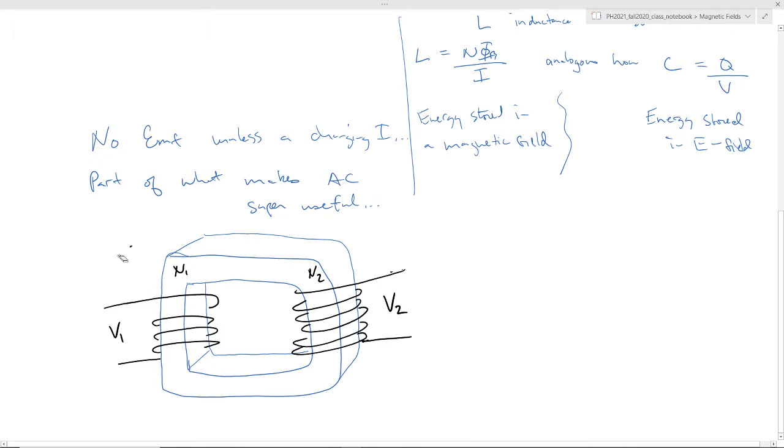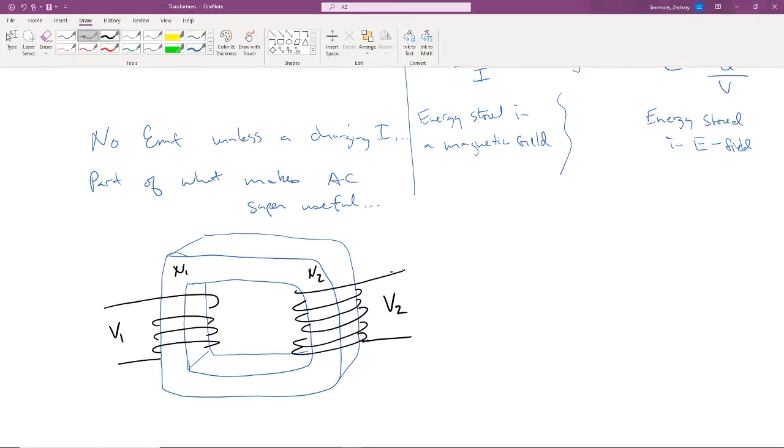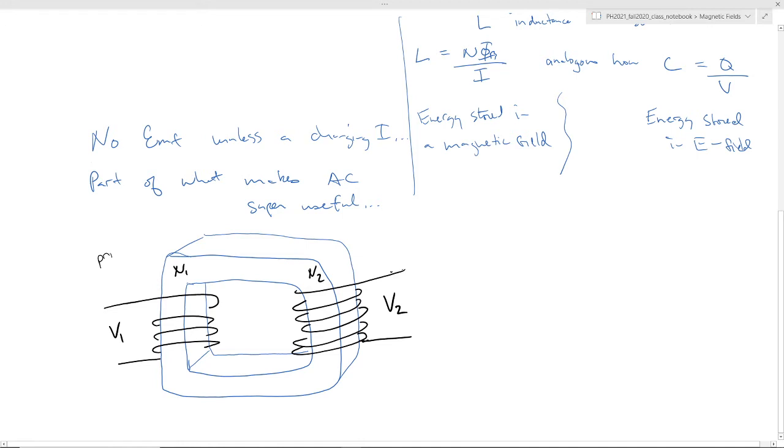This is the primary and the secondary winding. We were just talking about how the voltage, according to Faraday's law, is the change in flux per time.